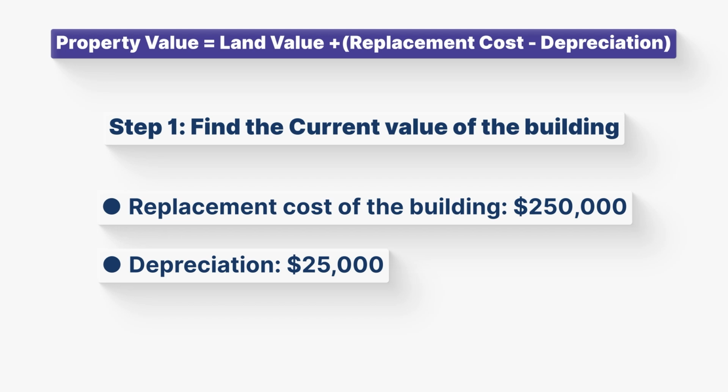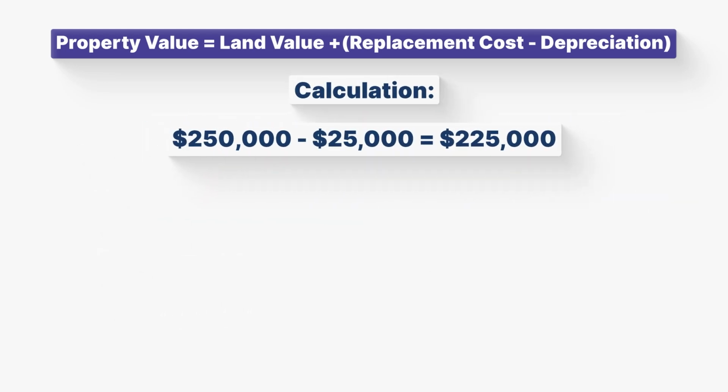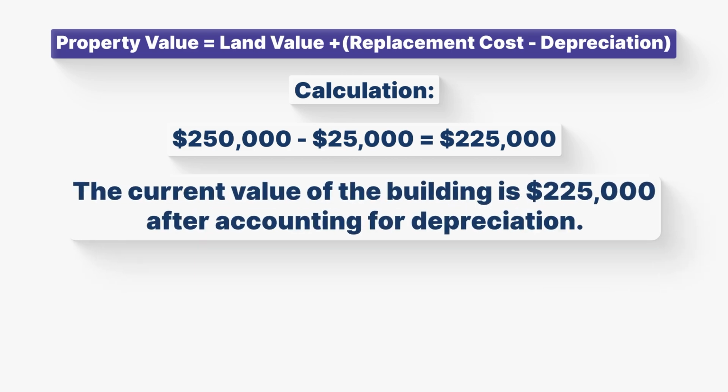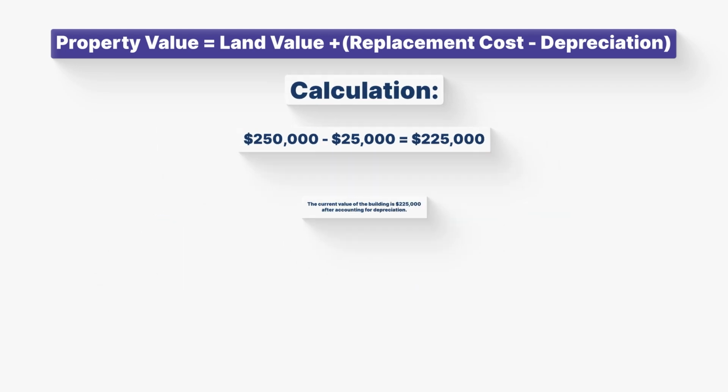Depreciation, $25,000. This is the amount of value the building has lost over time. Calculation: $250,000 minus $25,000 equals $225,000. This means the current value of the building is $225,000 after accounting for depreciation.